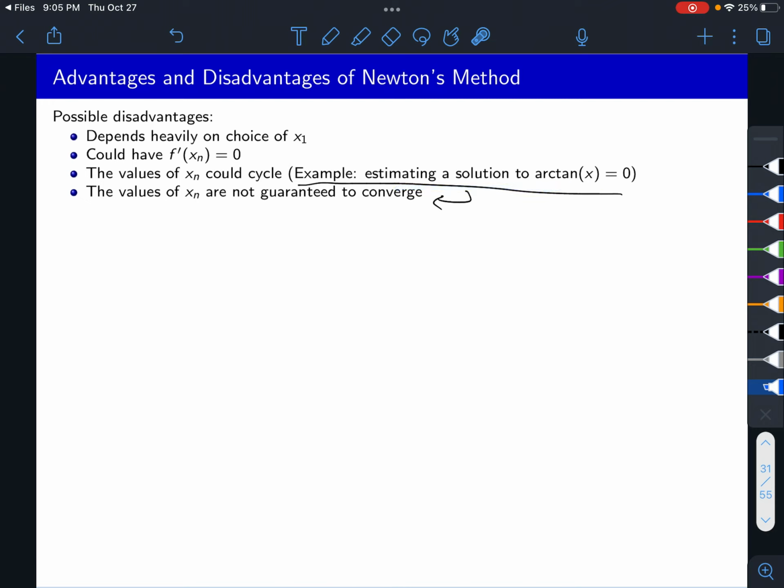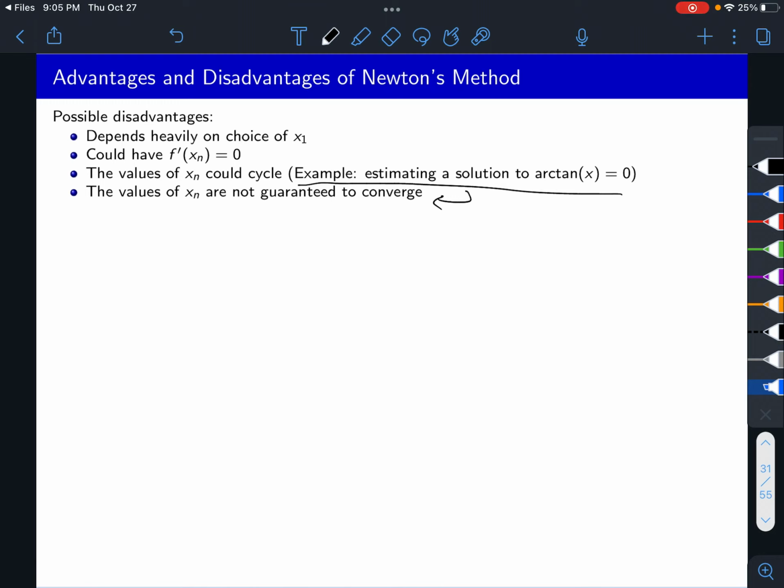So if you were to estimate a solution to arctangent of x equals 0, I forget how this works out. I don't remember if this depends so much on your initial guess. I think it doesn't depend on your initial guess, but I might be wrong.